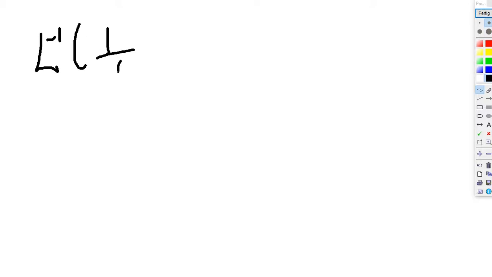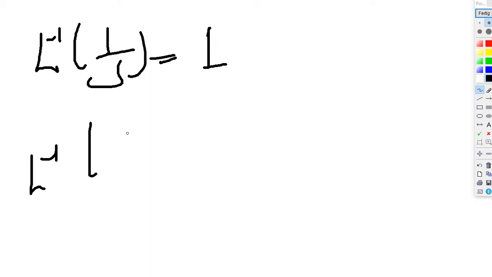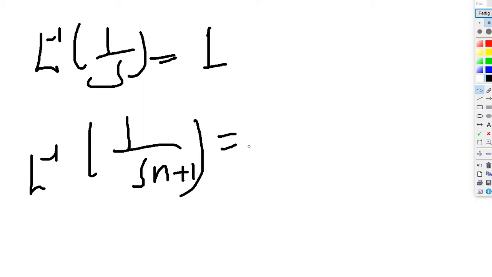The Laplace inverse of 1 by s equals how much? 1, because the Laplace transformation of 1 equals 1 by s. The Laplace inverse of 1 by s to the power n plus 1 equals, what is the function?